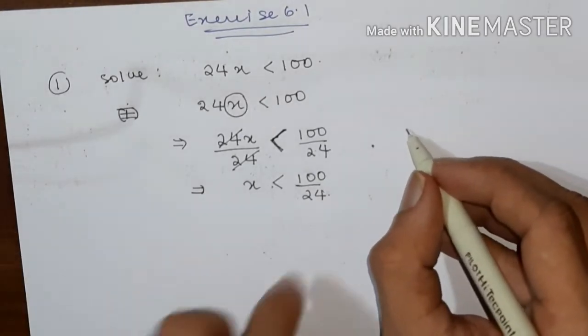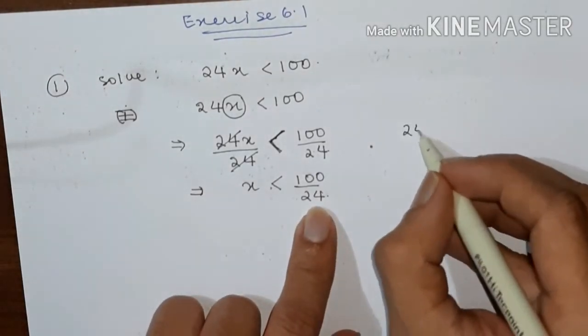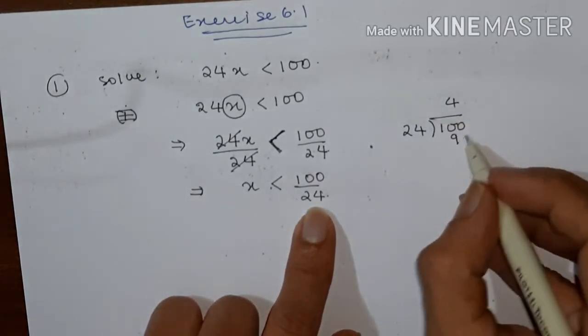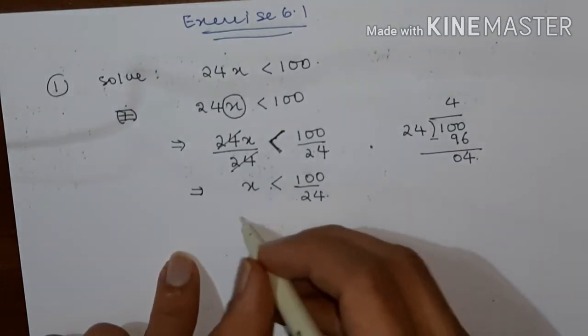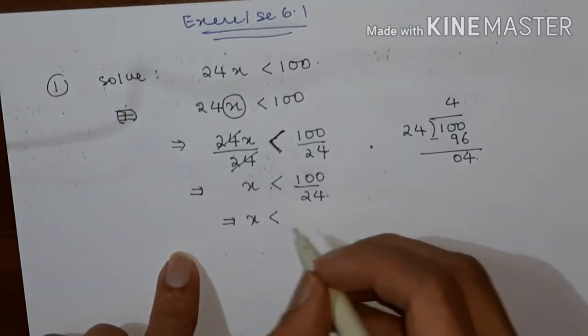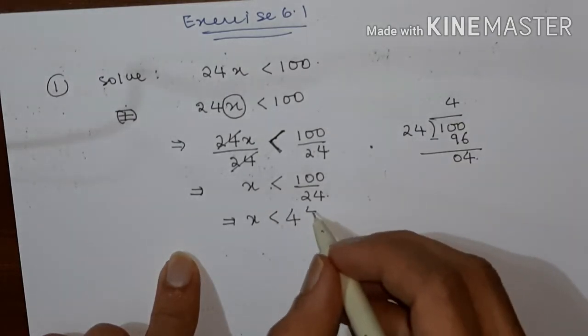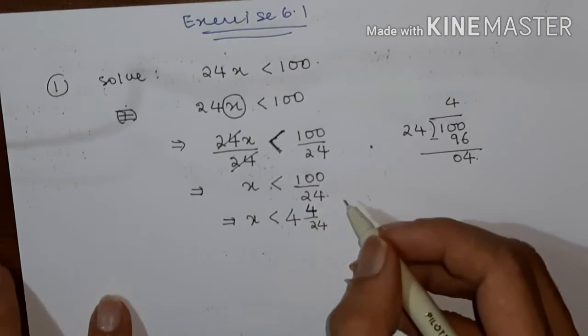24 fours are 96, and 4 is the remainder. So x is less than 4 and 4 by 24, the mixed fraction you get.